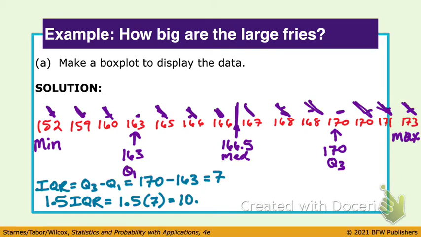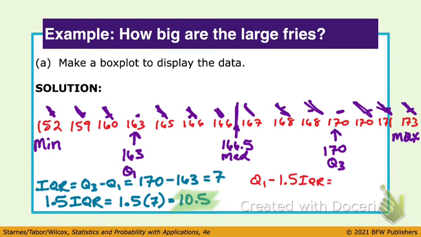10.5. All right, so I'm going to use this number, 10.5, and I'm going to subtract it from Q1 and see if anything's less than that. And then I'm going to add it to Q3 and see if anything is higher than that. So I'm going to take Q1 and subtract that 1.5 IQR.